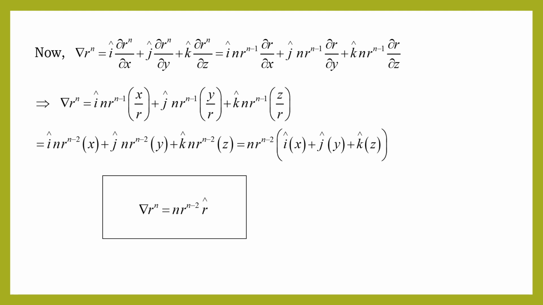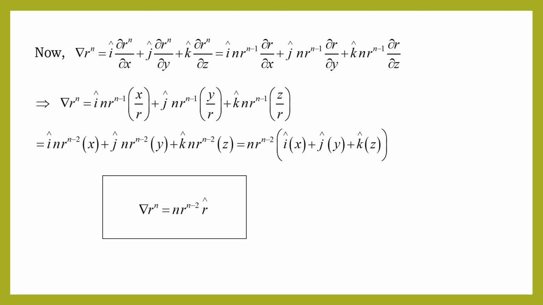Now ∇r^n equals i n r^(n-1) x/r plus j n r^(n-1) y/r plus k n r^(n-1) z/r.